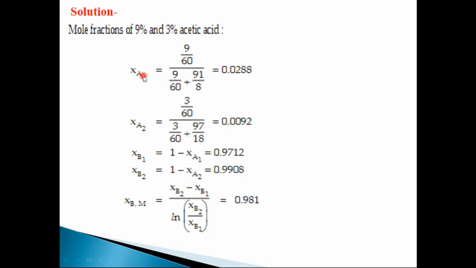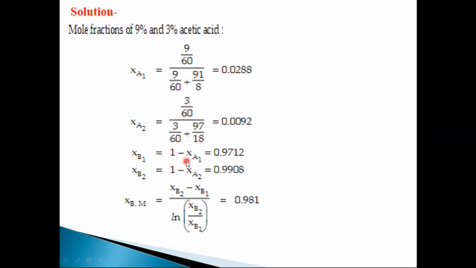This is the mole fraction. Mole fraction of 9% means acetic acid is 9 kg and the remaining is 91 kg of water. That's why 9 by 60 divided by 9 by 60 plus 91 by 18 is equal to 0.0288. Similarly, 3% acetic acid means 3 by 60, and the remaining is water, divided by 3 by 60 plus 97 by 18.